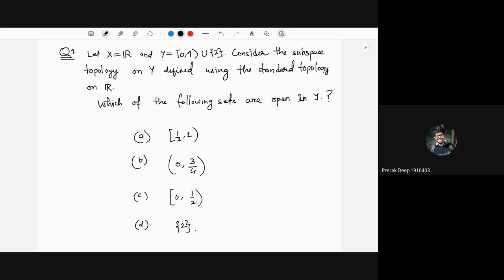If f is a function from A to B, is B always a proper subset of f of f inverse of B?